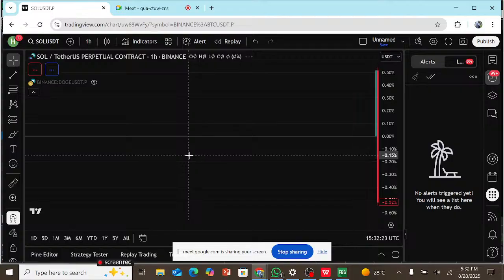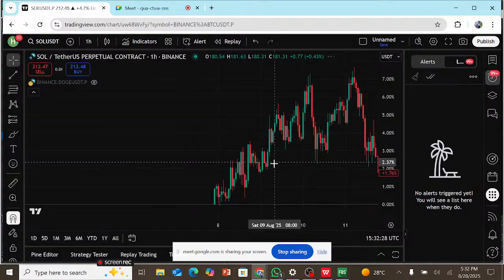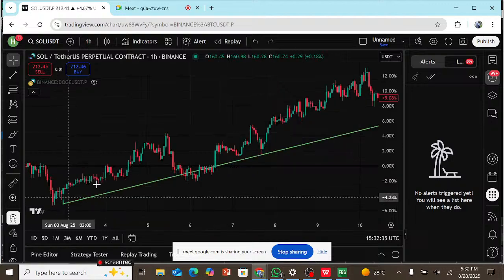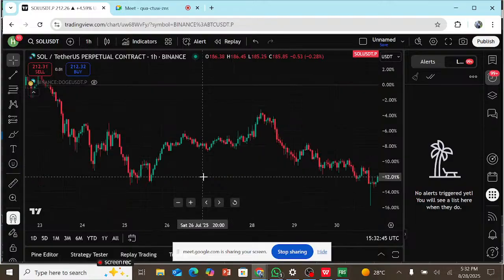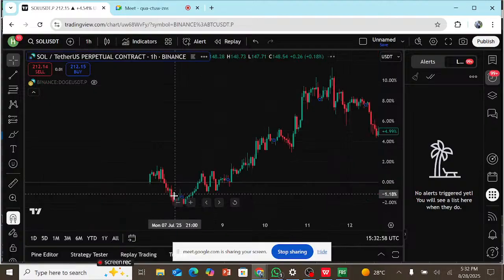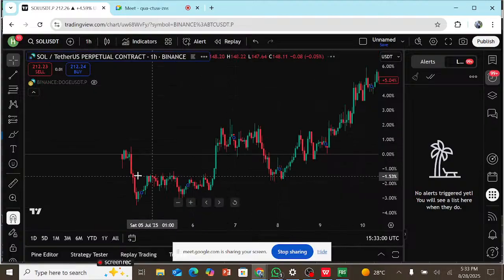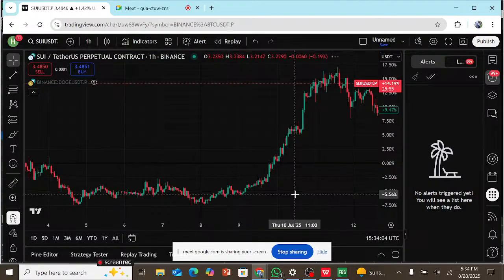So let me see if I can get a sideway market. This is an uptrend. You see it? Let me look for a sideway market because I need you to see it. So a sideway market is a situation where the market is moving in between a certain interval.